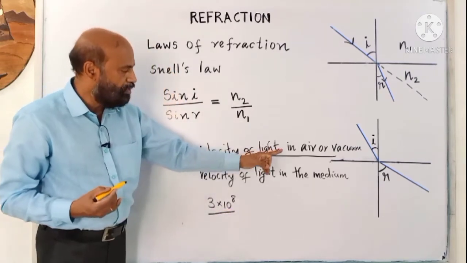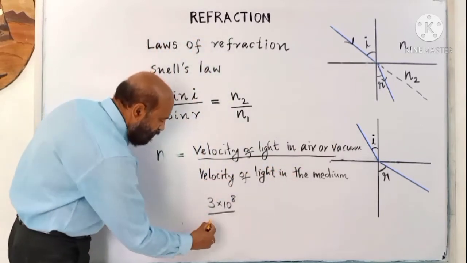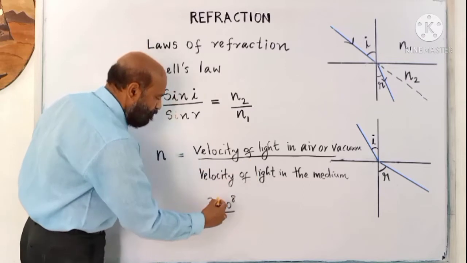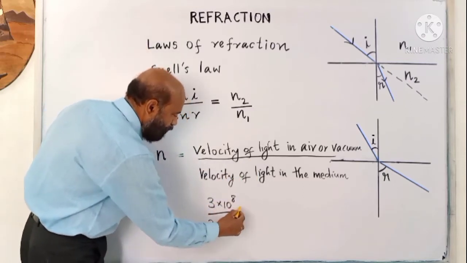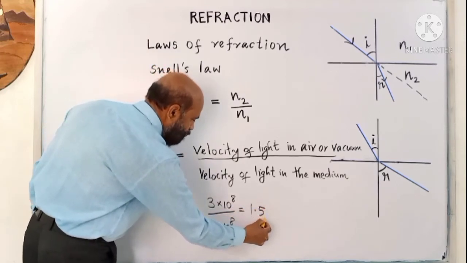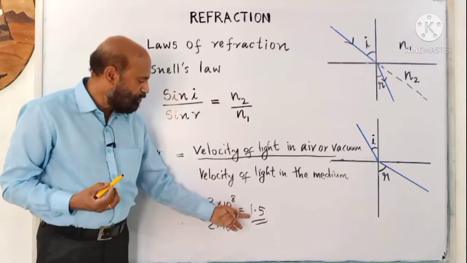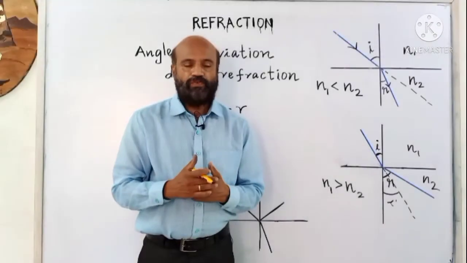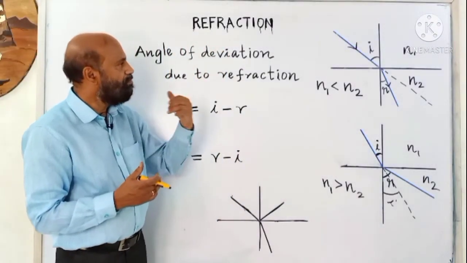Velocity of light in the medium: suppose it is glass, then the velocity of light in glass is 2 into 10 raised to 8. So it will be 1.5. So the refractive index of glass is 1.5.